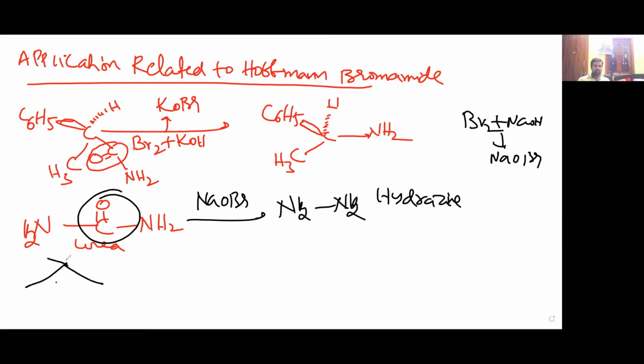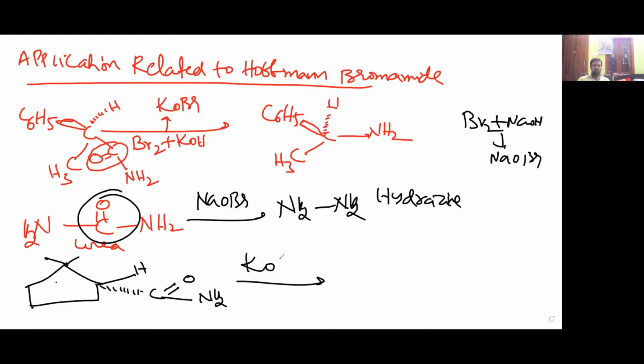So the next, another example. Applications, all these are. Whatever thing is there, you don't mind. KOBr is there. Then what is the thing that is missing? C double bond O is missed. There is no configuration changing.